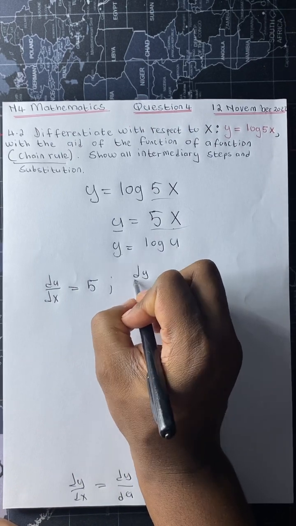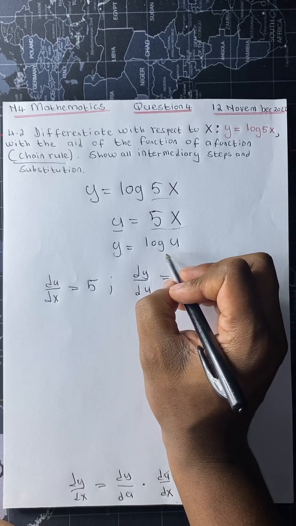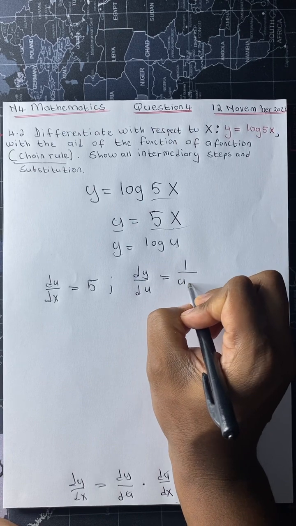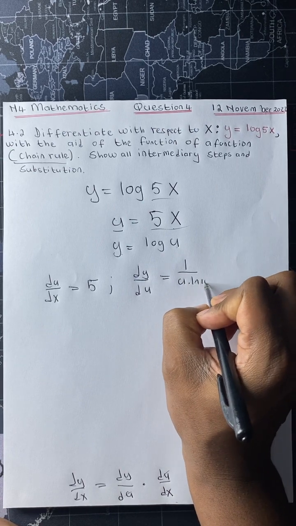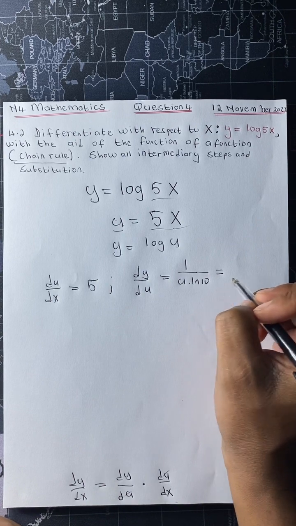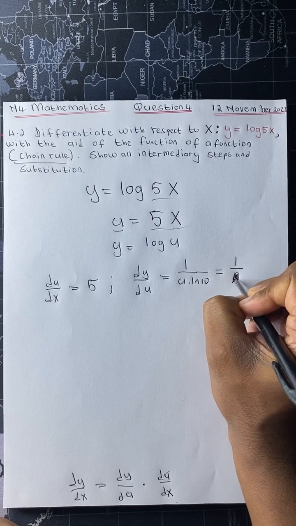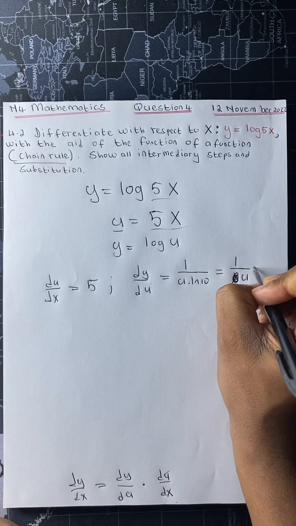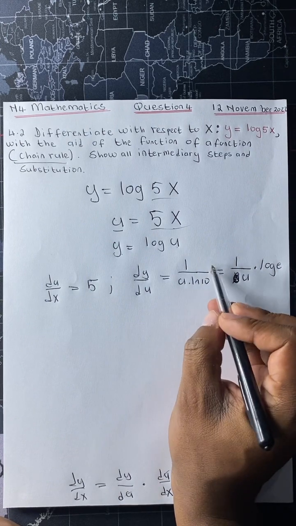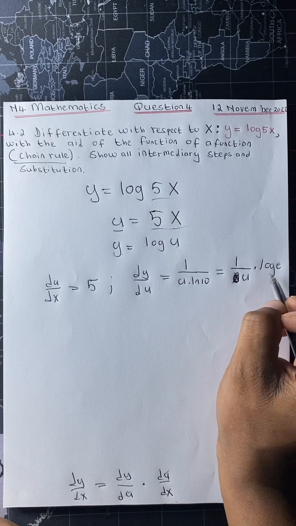So dy over du, the derivative of log of u will be equal to 1 over u multiplied by ln 10, which we can also write as 1 over u multiplied by log e. So it's either you use 1 over u ln 10, or you use 1 over u log e.